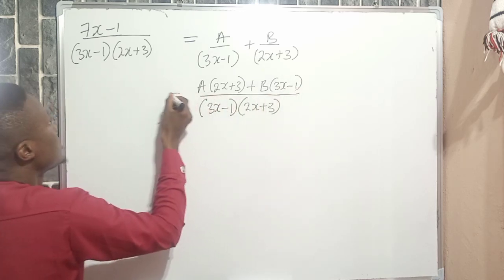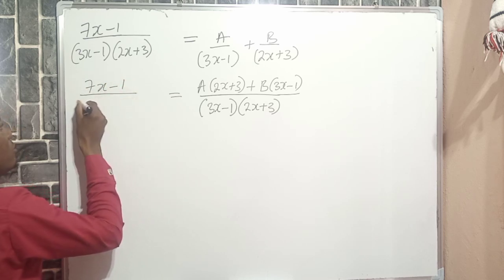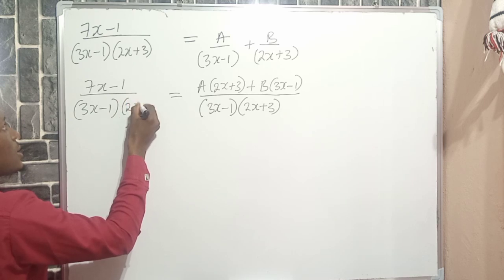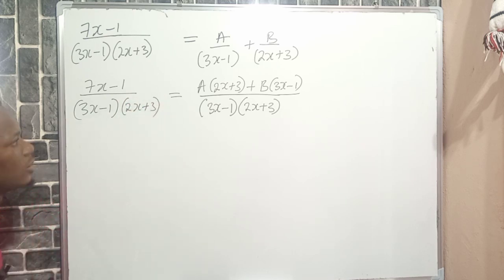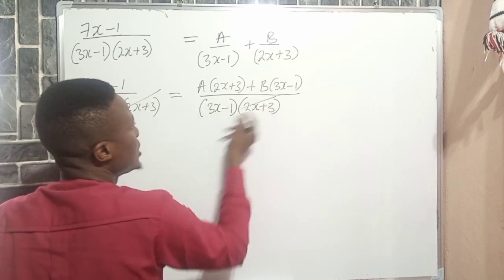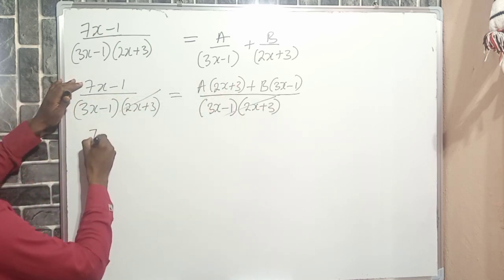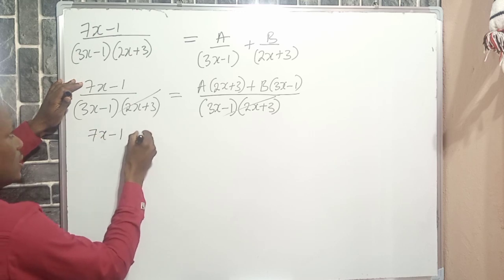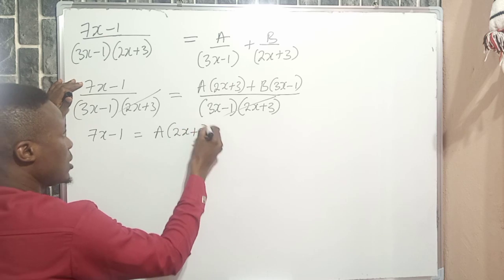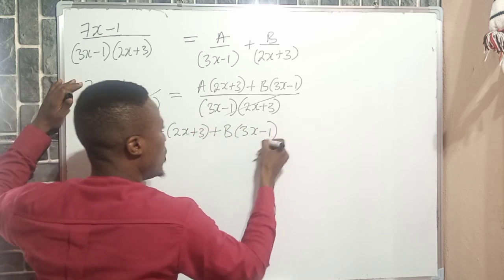Remember, this whole thing will be equal to the original 7x minus 1 all over 3x take away 1 into 2x plus 3. You can see that the denominators are the same, so you don't need them. So you can equate the numerators. We shall have 7x take away 1 is equivalent to A into 2x plus 3 plus B into 3x minus 1.